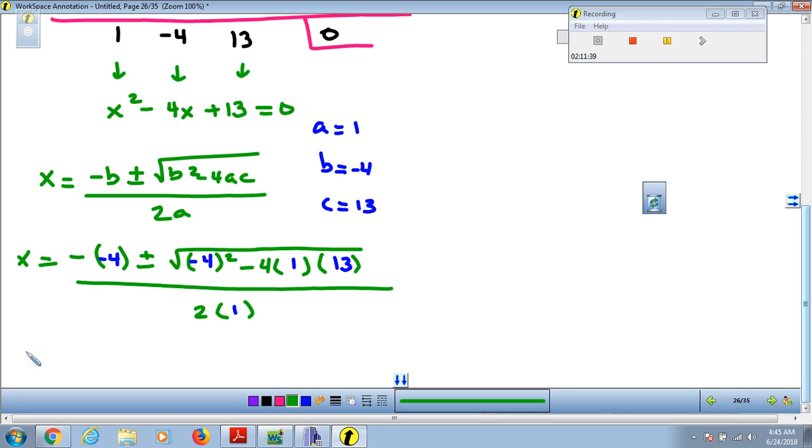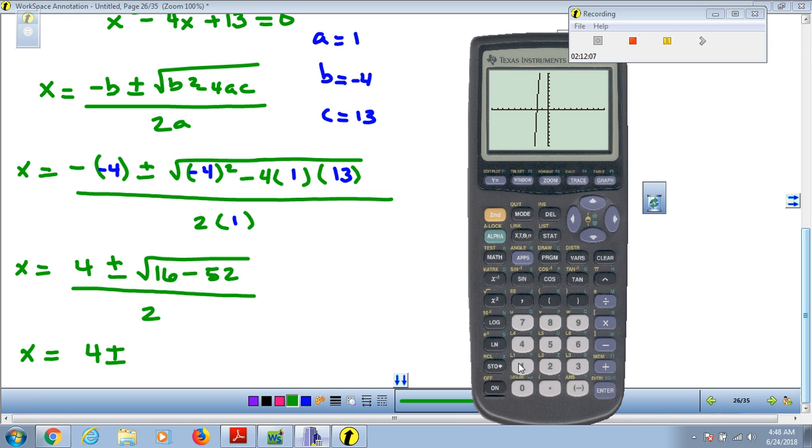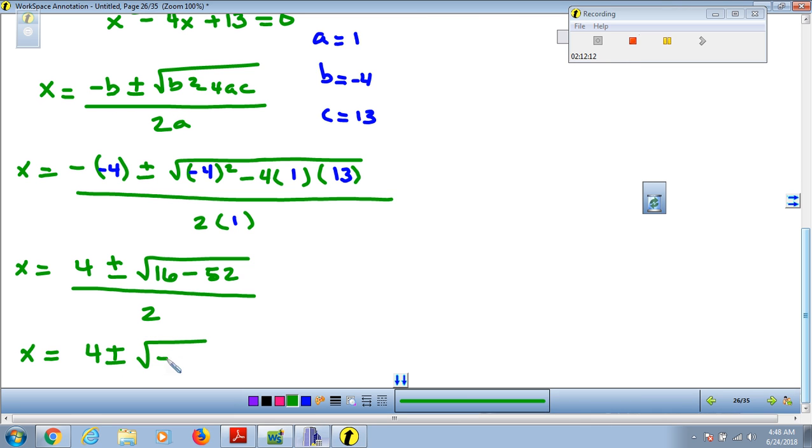And 2 times 1 on the denominator, so it's going to be a negative times a negative, it's a +4. -4 squared is 16. -4 times 1 is -4. -4 times 13 is going to be negative 52, over 2. So 4 plus or minus, here 16 minus 52 is going to be a negative number. Square root of -36 over 2.